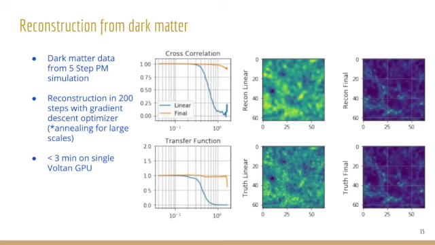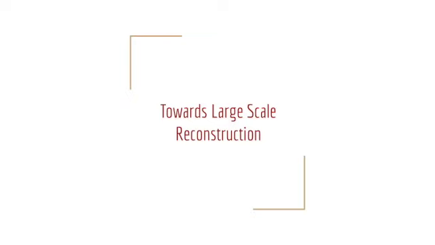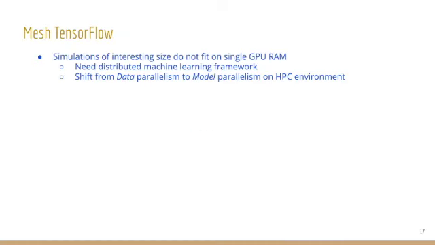And it took me 200 iterations with gradient descent optimization, less than 3 minutes on a single GPU, to get this. And it essentially reconstructs the field perfectly. The small scale power is suppressed because of the noise that I've put in the data. Right. So far, so good. We have an implementation of this working, which I just showed.